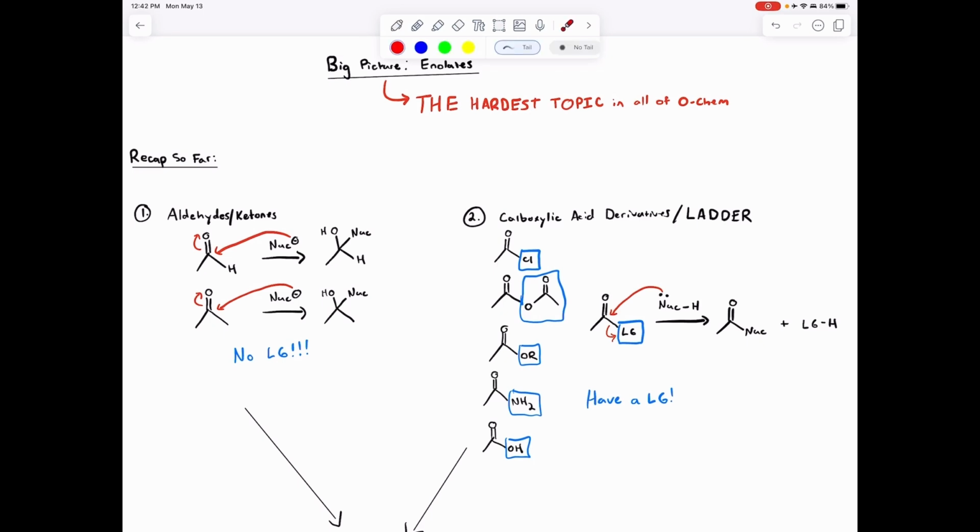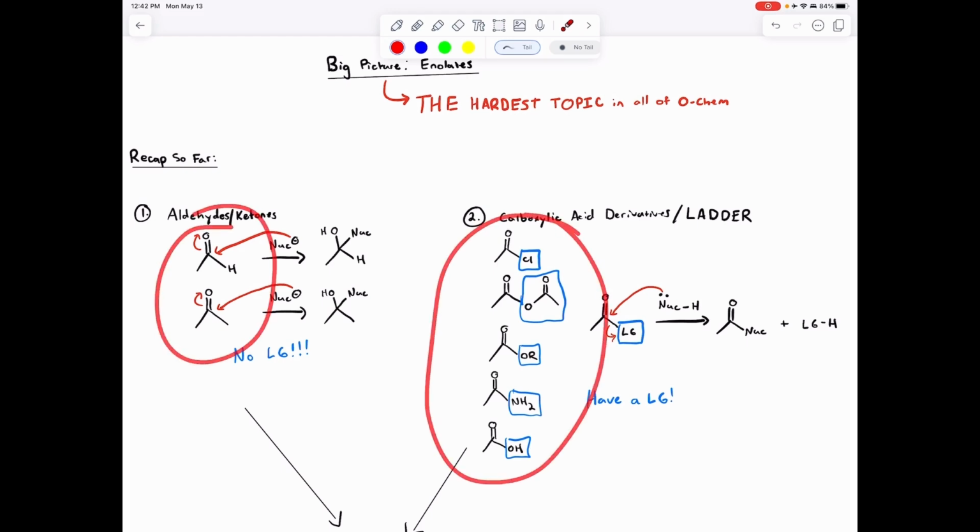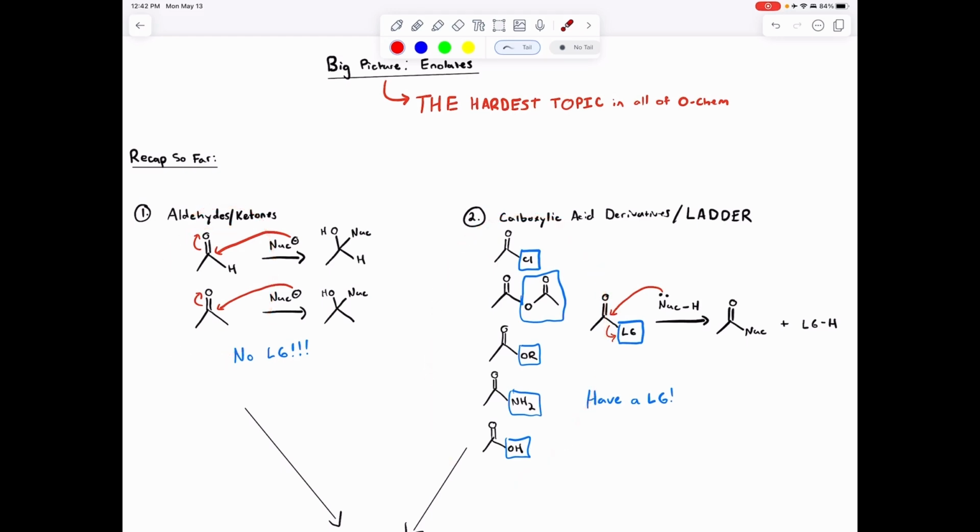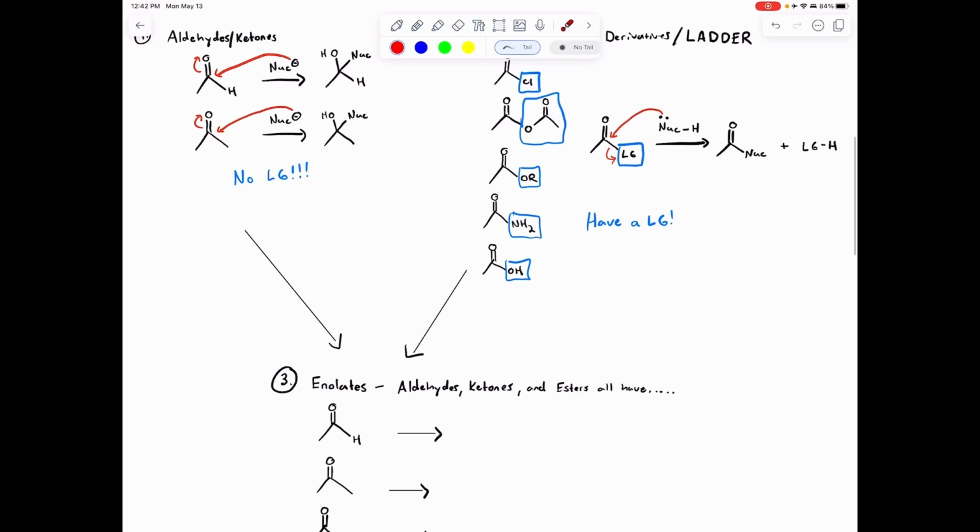up until this point, you have kept these two sets of functional groups right here completely separate. Now, in the enolates chapter, what makes this very, very, very tricky at the outset, and it makes it very tricky after you've learned everything, and we're going to talk about that at the very end recap of this entire video series, is this unit makes aldehydes, ketones, and esters have something in common.